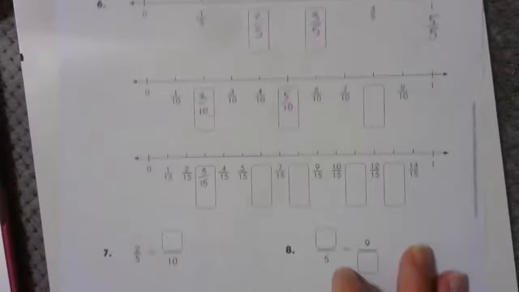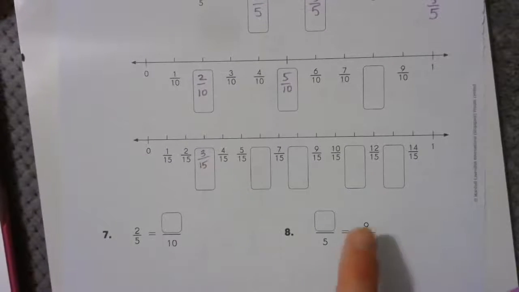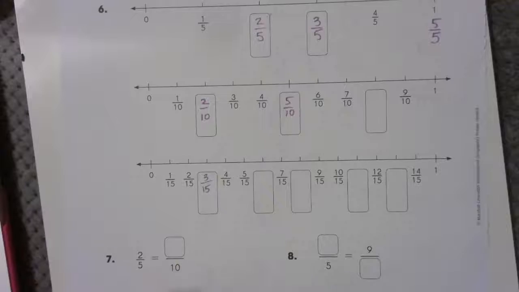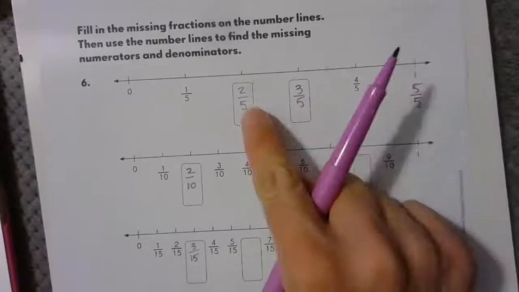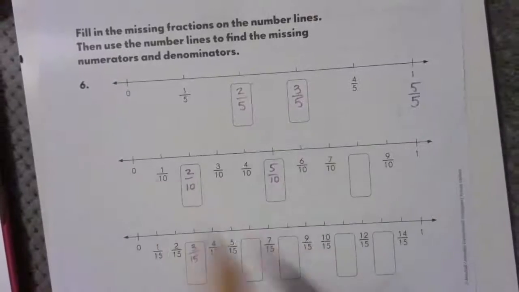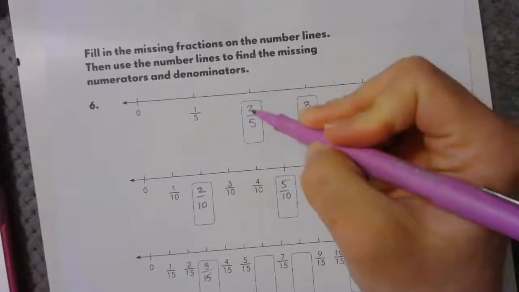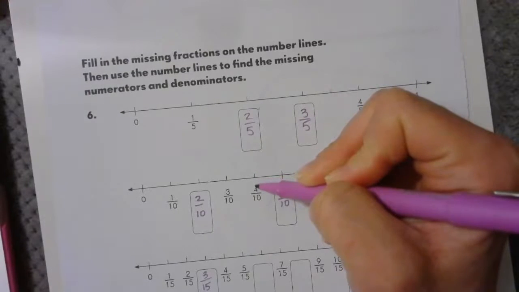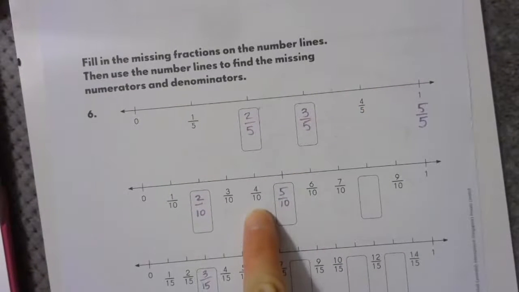Now, we're going to do one of these examples together, and then I'd like you to do the rest on your own. So this one says 2/5 is equivalent to how many tenths? So let's find 2/5 on the number line, which is right here. And I can see that if I go down, I can find the fraction that is equivalent to 2/5, which is at the same point on the number line, and that would be 4/10.